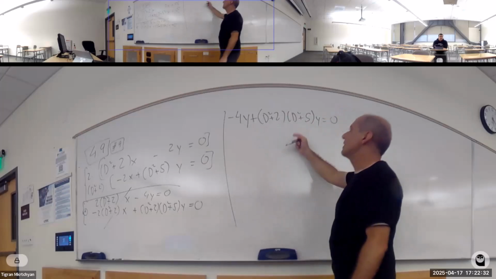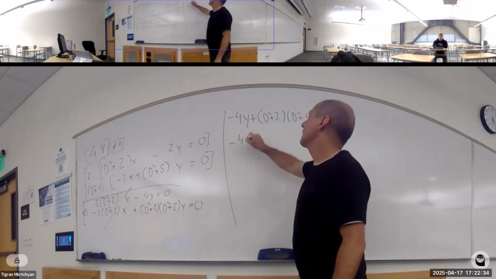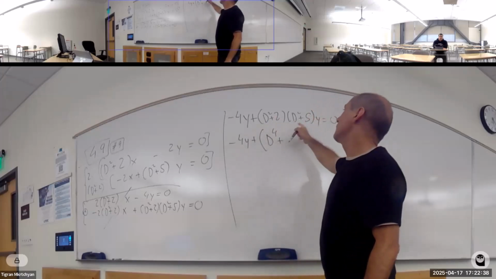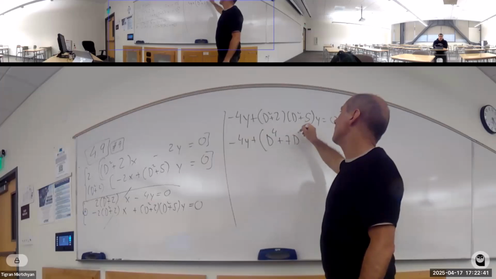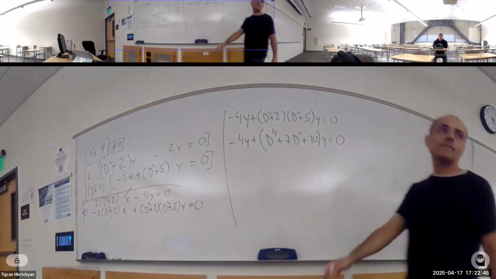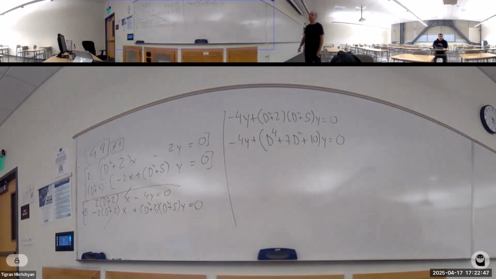Oh, we can distribute this guy, or FOIL that guy. That will be this, 2, 5, maybe that, and maybe that. Questions?